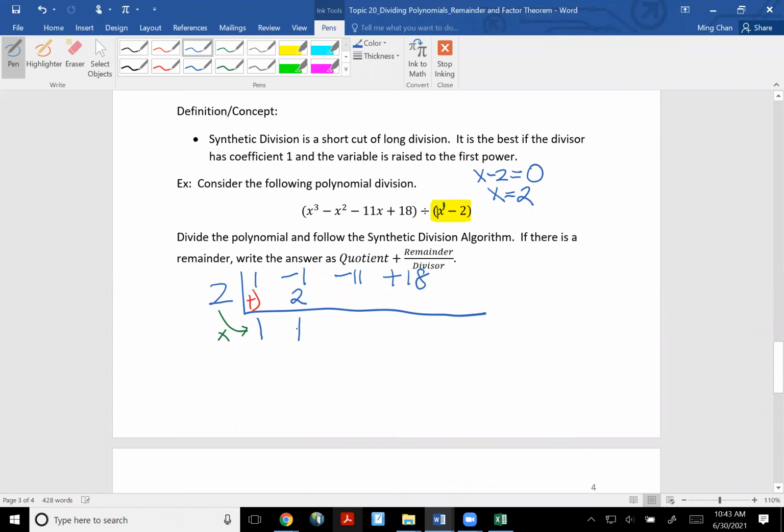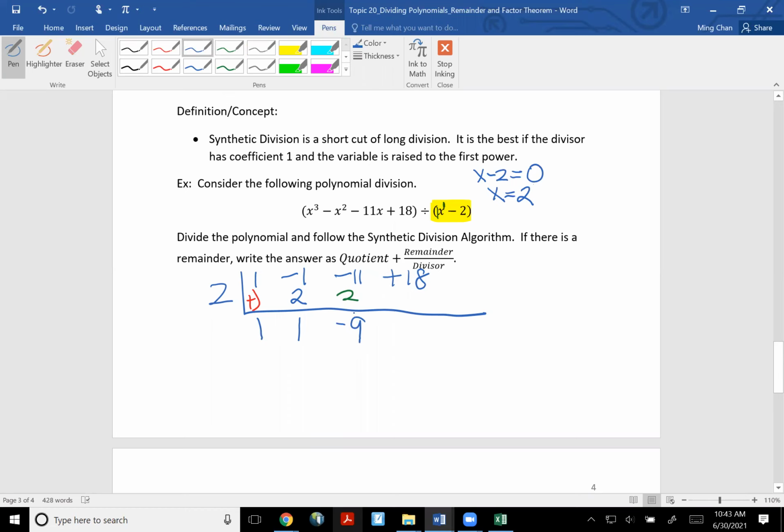Once I wrote another quotient term down, I will multiply again. Now the 2 will multiply this 1. 2 times 1 is 2. I put that 2 below the next dividend term. Since it's synthetic division, we add: negative 11 plus 2 will be negative 9.